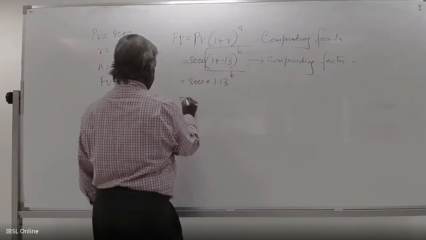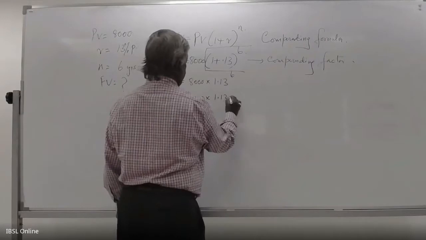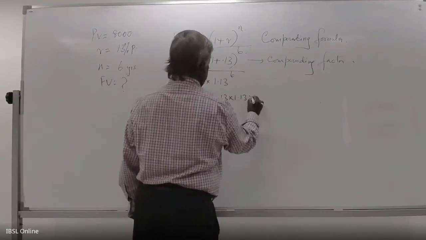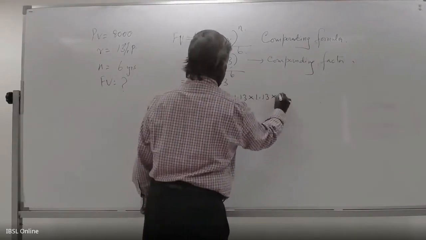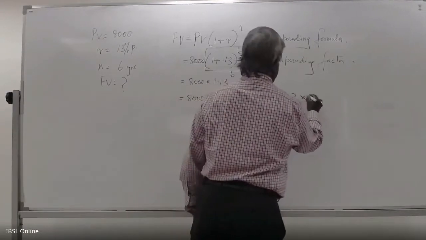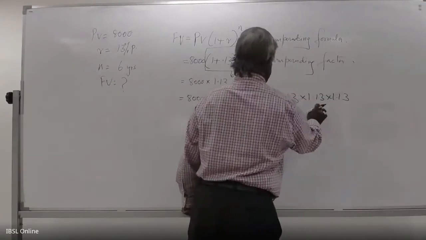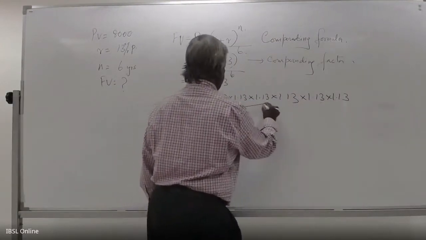So this is equal to 8,000 into 1.13 into 1.13 into 1.13 into 1.13 into 1.13 into 1.13. This is the compounding factor.